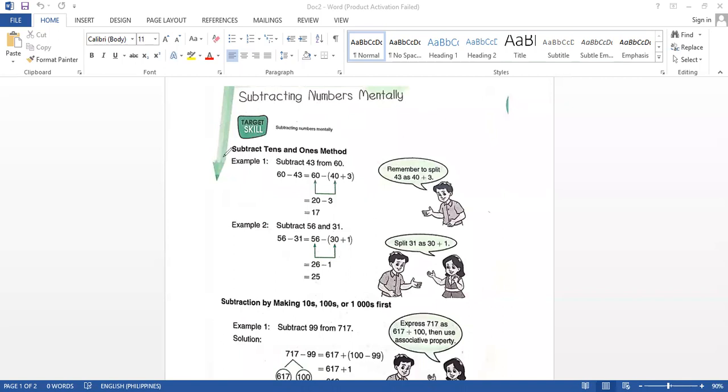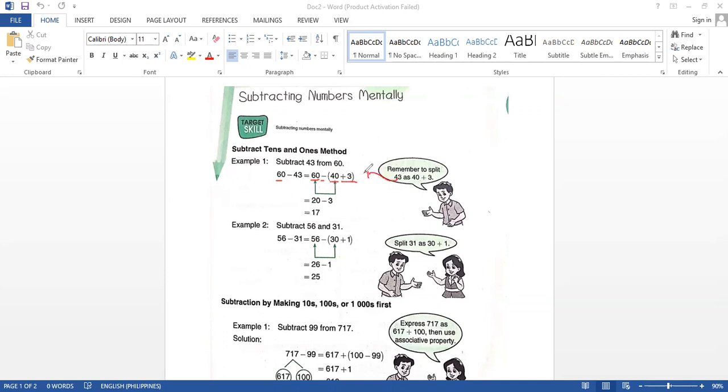So here, let's have the subtract tens and ones method. Here is the example: subtract 43 from 60. So we're going to go here, 60 minus 43. In order for us to subtract numbers mentally, we're going to split 43. This is how it goes: 60 minus 40 plus 3.